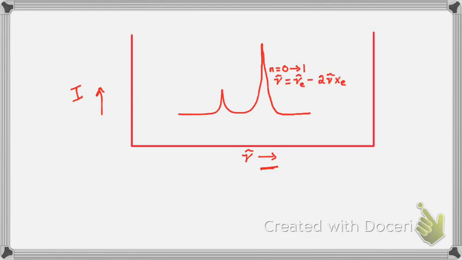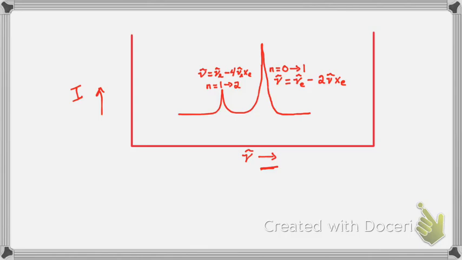And as we noted earlier, according to the equations from our last video, the wave number frequency associated with that transition is going to be equal to this expression here, nu e minus 2 nu e xe, xe again being the anharmonicity constant. The lower of the two transitions corresponds to 1 to 2, and in this case again, using the equations from the previous video, we'll see that that is equal to nu e minus 4 nu e xe.